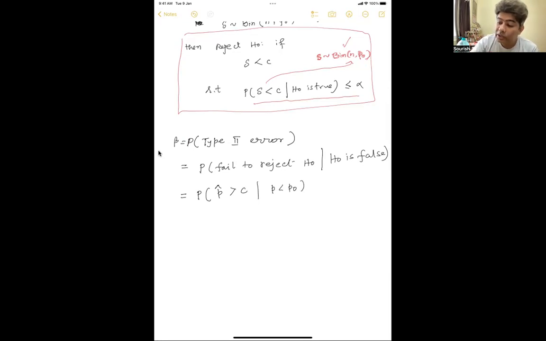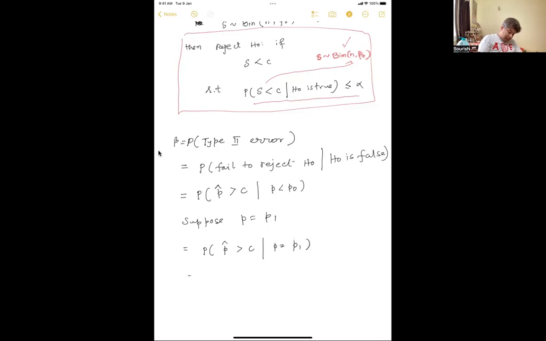We have to assume that P is some P1. For that P1, we have to calculate the probability that P hat is greater than C when P is equal to P1.